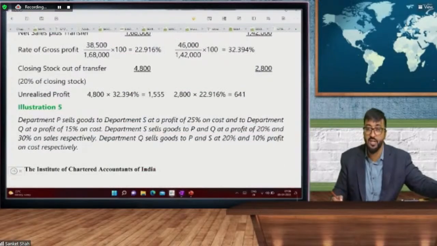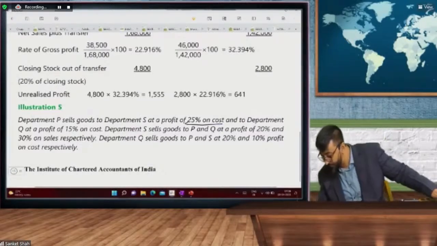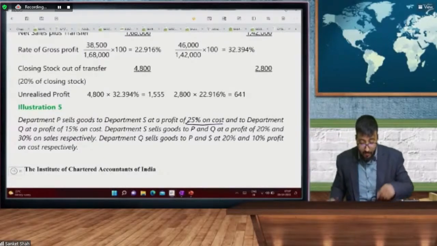Okay, so let's start. Department P sells goods to Department S at a profit of 25% on cost. Okay. So now, 25% on cost.